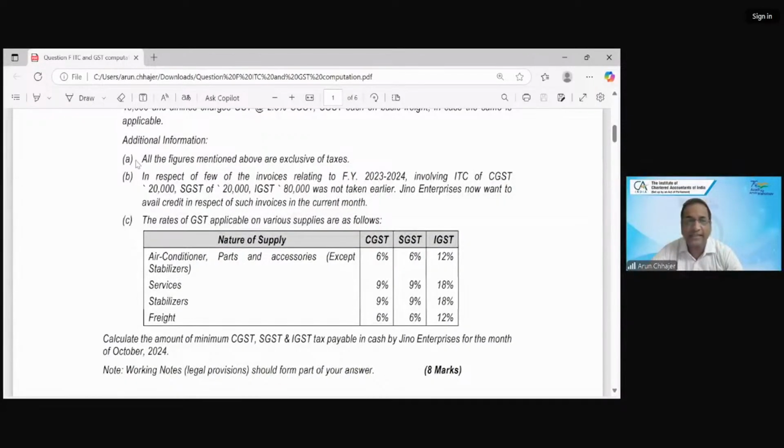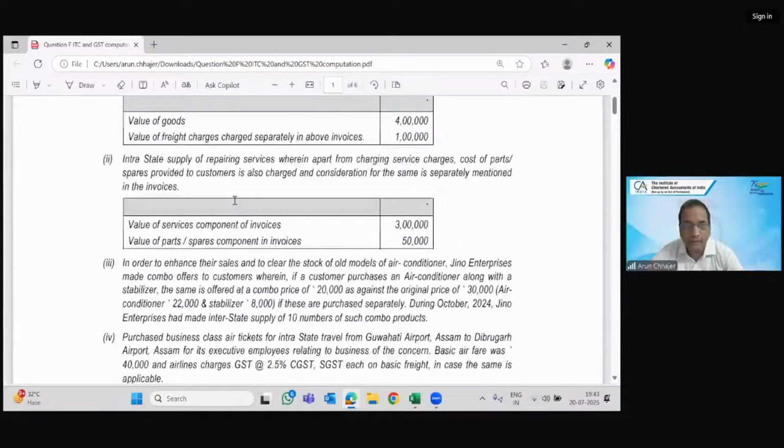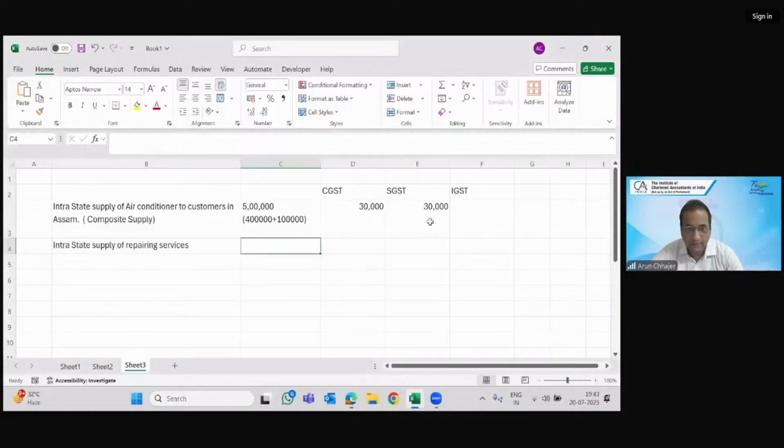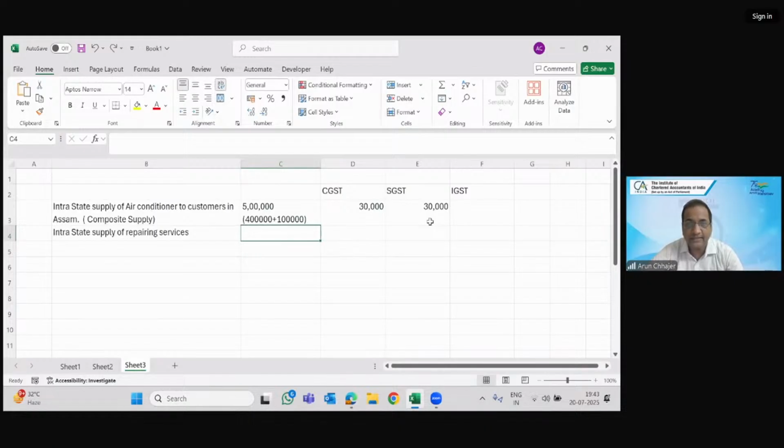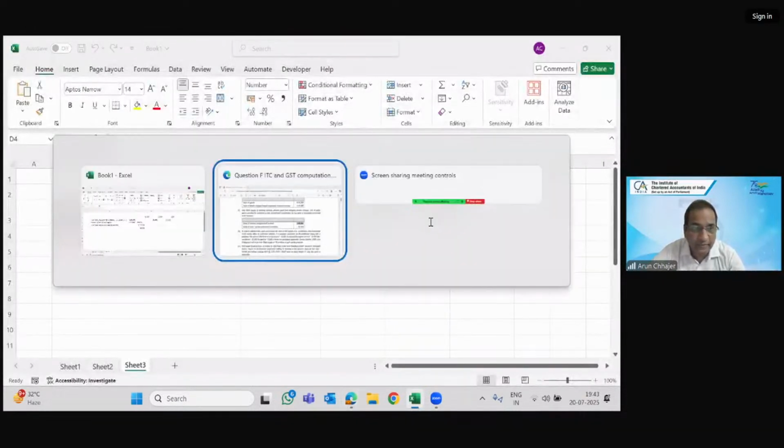So what I did here, one second, what is the value of this? The value is 3,50,000. 3 lakh, let's say, 3,50,000, correct? It is an independent supply.